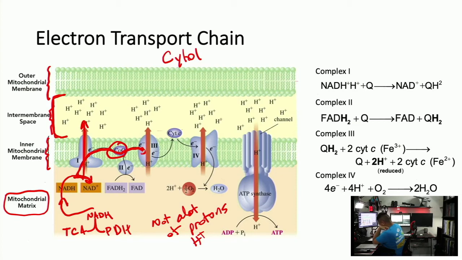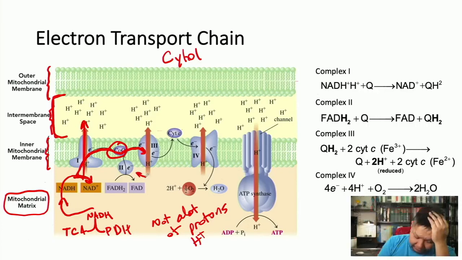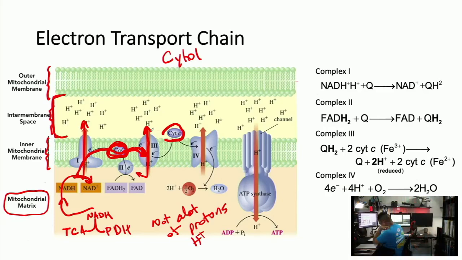We'll talk about complex 2, which is right here, in just a second. But from complex 1 to complex 3, the transferring electron carrier is coenzyme Q. Coenzyme Q transfers its electrons to complex 3, and it does this by transferring them to a molecule called cytochrome C. When that happens, more protons from the mitochondrial matrix are pushed into the intermembrane space.